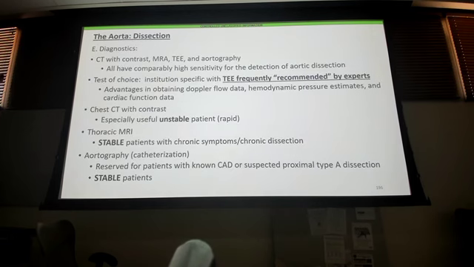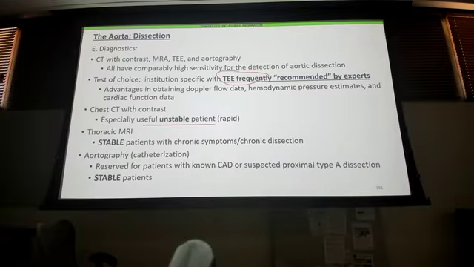And we talked about how if we have a stable patient that we suspect has a dissection, we're going to try to do a transesophageal echo. However, if we have an unstable patient, then we are doing a chest CT scan.